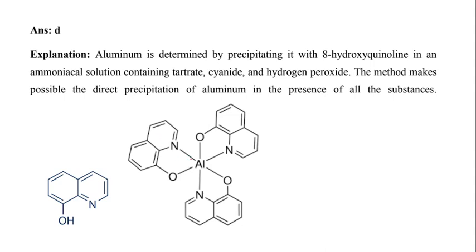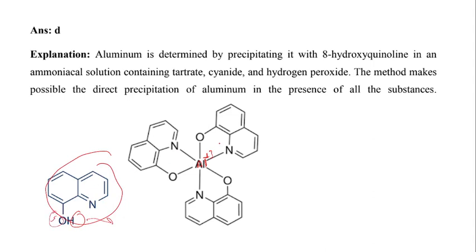Here you can see this is the aluminum, initially it was +3, no? And this is the 8-hydroxyquinoline. When one hydrogen is removed from here, it will give a negative ion.